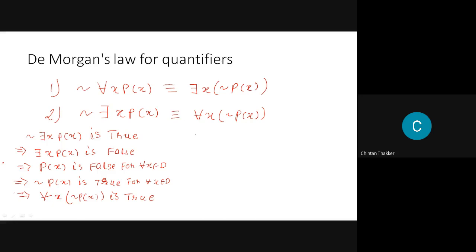Okay. Similar way, if we take there exists x Px is false, that implies we have there exists x Px is true.